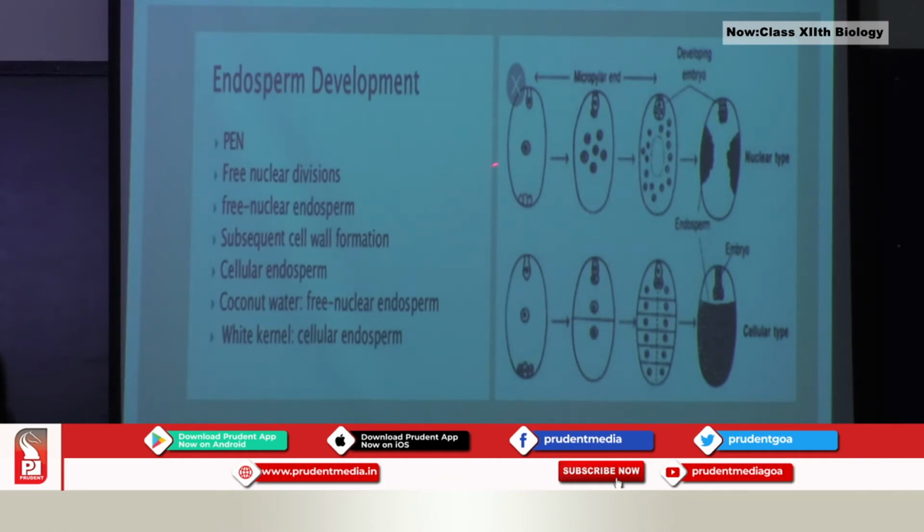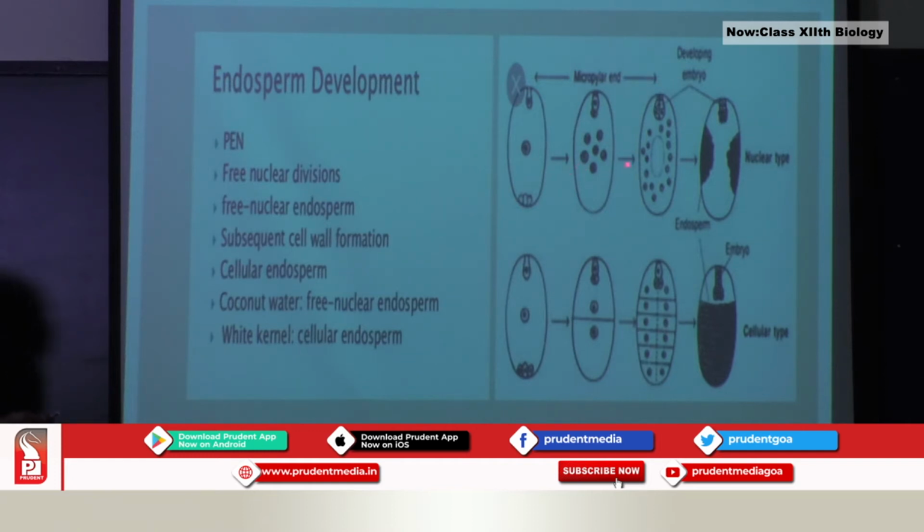So what happens to the single primary endosperm nucleus here, which is triploid? It starts undergoing mitotic division, resulting in only karyokinesis, not cytokinesis. Only the nuclei start dividing, and cytokinesis doesn't take place as yet. When 1 becomes 2, 2 becomes 4, 4 becomes 8, what you notice is only the division of the nucleus and not the cytoplasm.